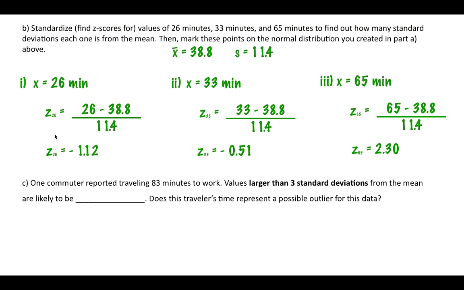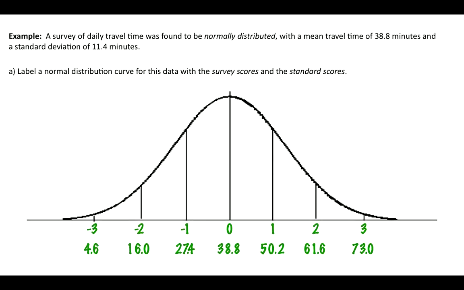So our last step, now that we have these Z scores, and this is where we're really going to hammer home the difference in those two labelings on the axes, let's take a look at how we might label this. So let's go back to this diagram again, and we'll say, well, Z26 corresponded to a waiting time of 26 minutes, which if we're using this lower scale would probably be somewhere in between 16 and 27.4.